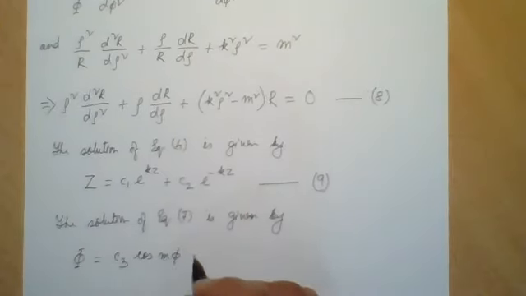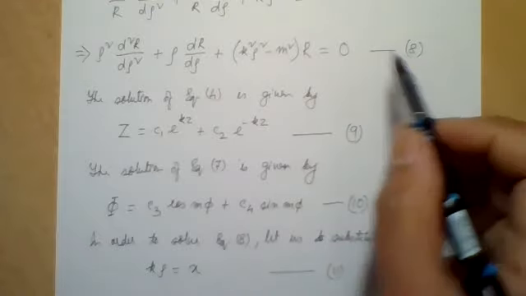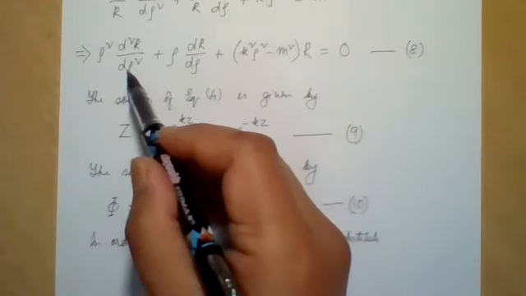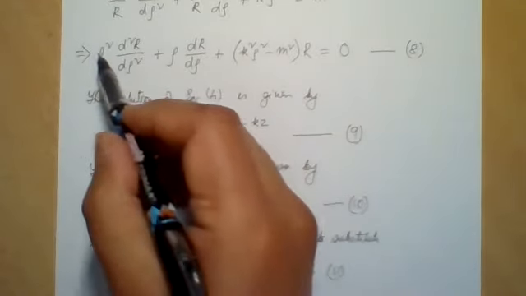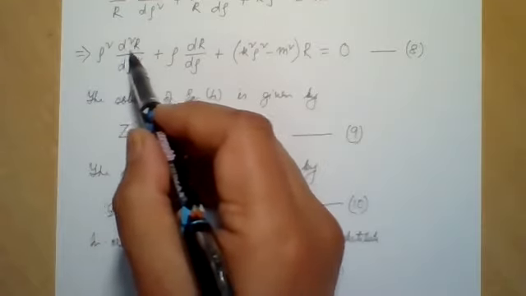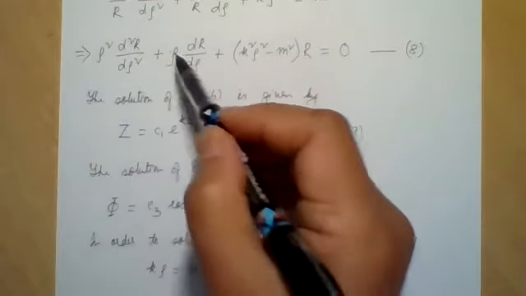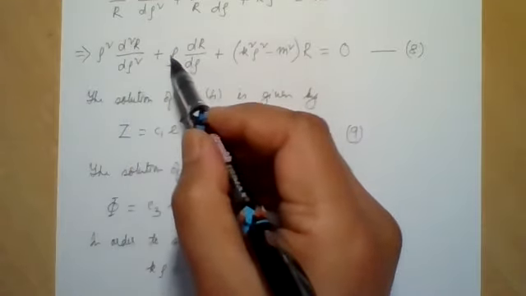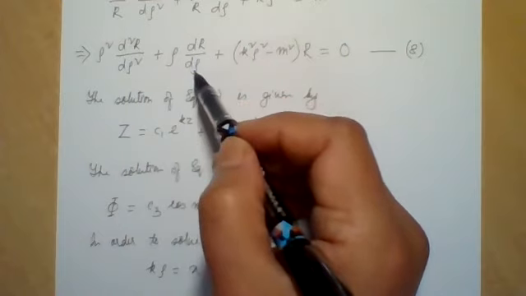If you put k times rho equal to x in equation number 8, what does it become? We multiply by k square here, so this becomes x square d2R by dx square. We multiply by k here, we get x dR by dx.